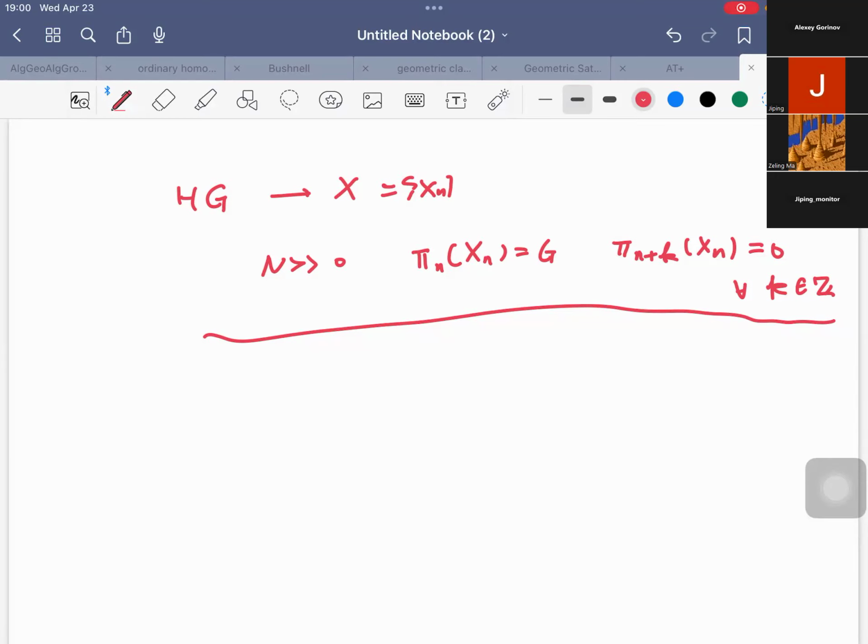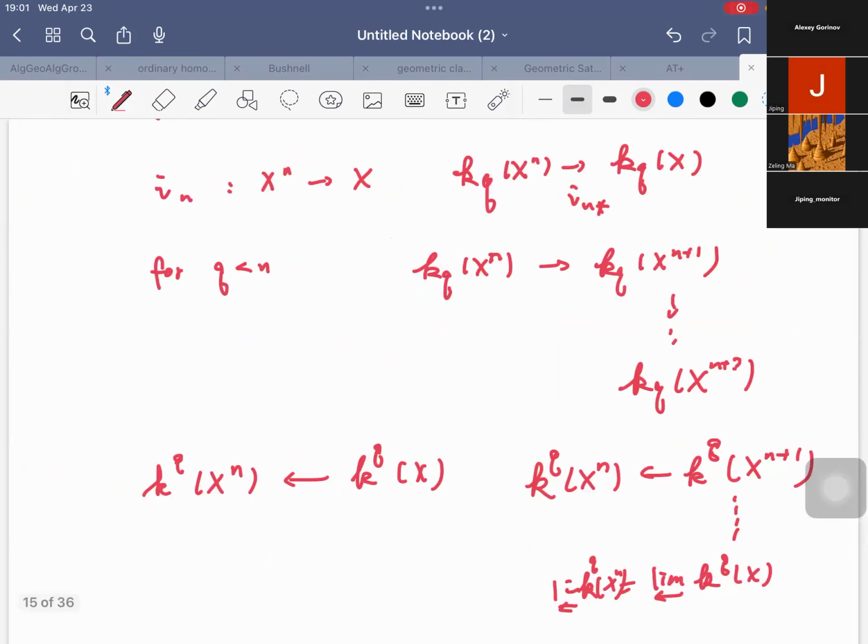But Jiping, do you understand the proof that you have just presented? Yeah. I just need to add this part in my notes.